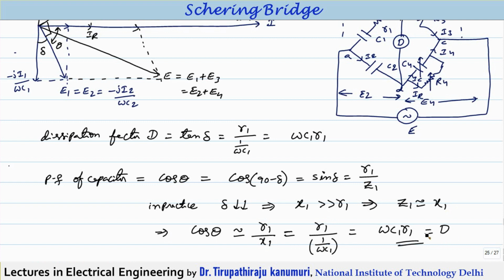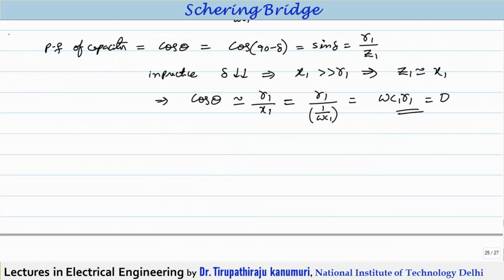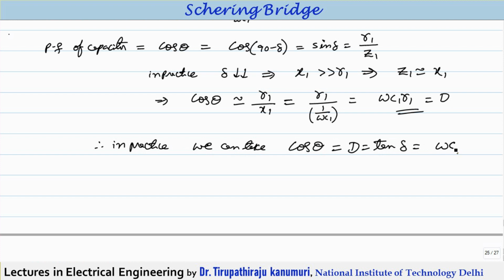Therefore, in practice, we can take cos theta, that means power factor, equal to dissipation factor, equal to tan delta, equal to omega C1 into R1. Let us take it as equation number 1.